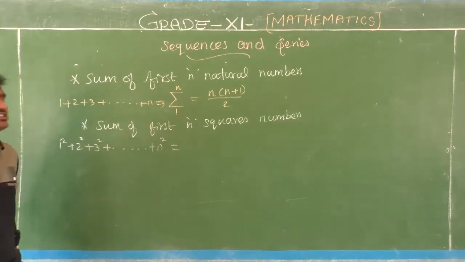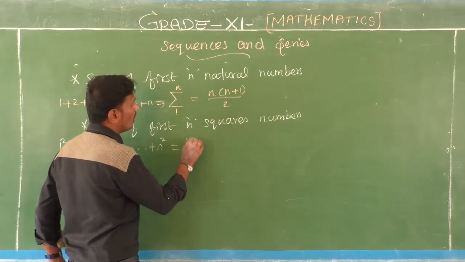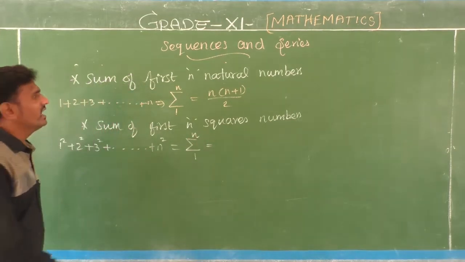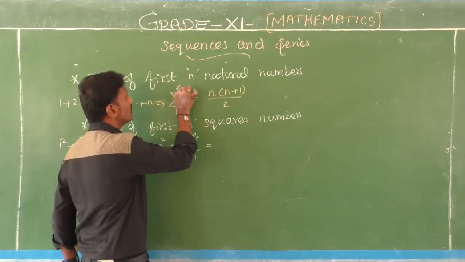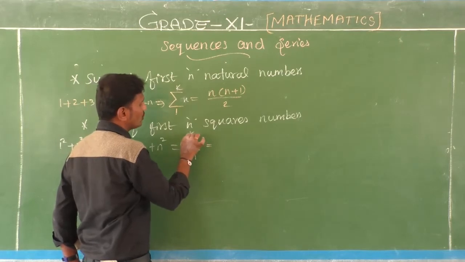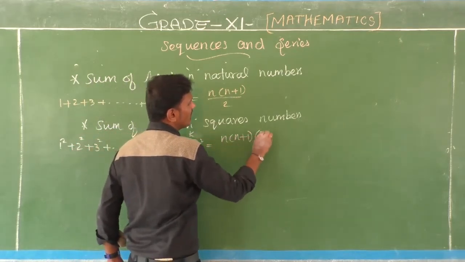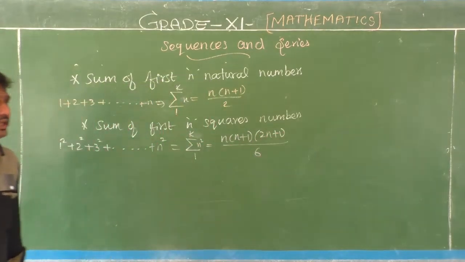Now I am taking the summation symbol from 1 to n; here we can write k or n. So the sum of k squared from 1 to n is n into n plus 1 into 2n plus 1, the whole divided by 6. This is the big formula.